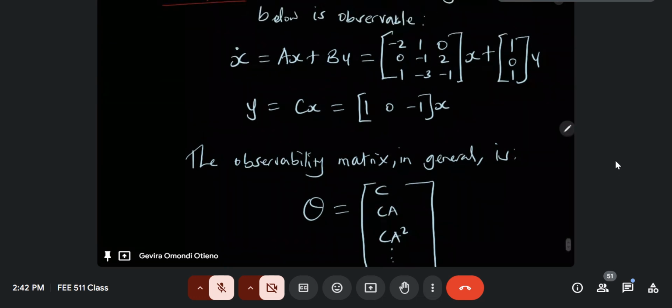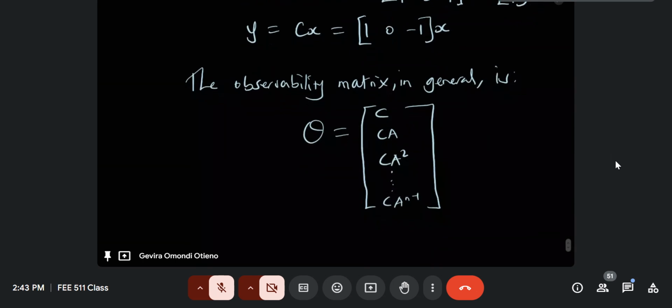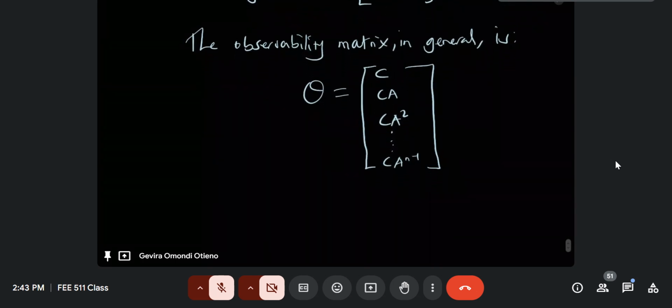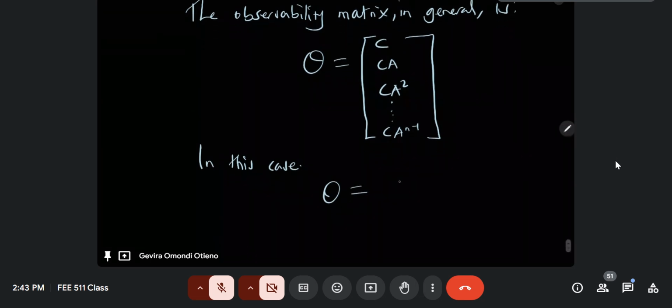Again, have a quick look at our state equations. You can see that we have 3 state variables, because look at our state matrix. It's a 3 by 3 matrix. So we have 3 state variables. And therefore, in this case, the observability matrix equals C, CA, and CA squared.